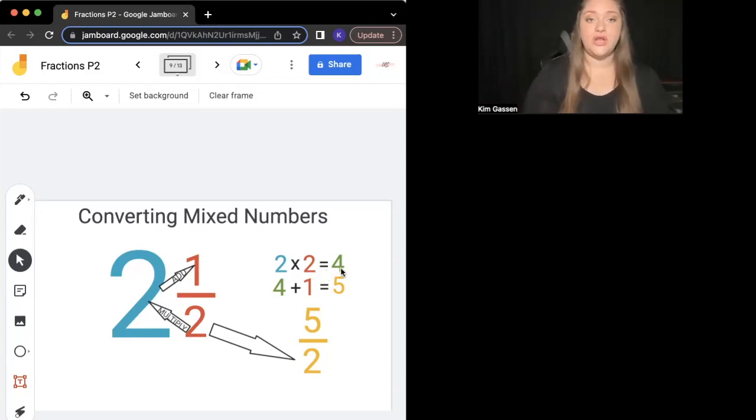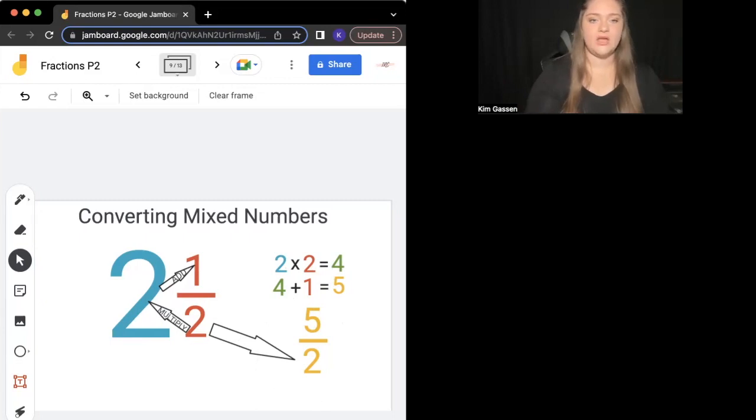And then this new number that we have, we are going to add it to our numerator. So our new numerator is 5. And then for our denominator, we carry over our denominator from before. So 2 1/2 equals 5/2, or 5 halves.